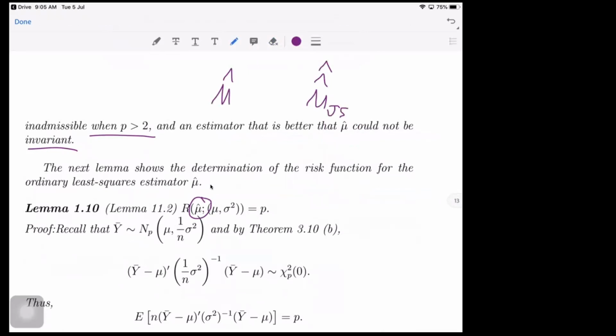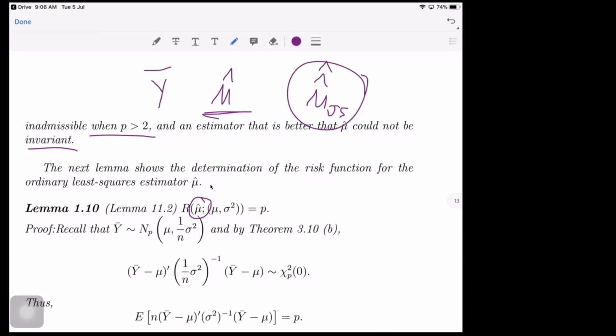We will not be able to compare with respect to unbiasedness, because the James-Stein estimator is biased. The best unbiased is Y bar, or mu hat, and the best invariant is also Y bar. But in terms of admissibility and inadmissibility, Y bar is admissible only for p equal to 1 and 2, but for p greater than 2, it is no longer admissible. It becomes inadmissible.